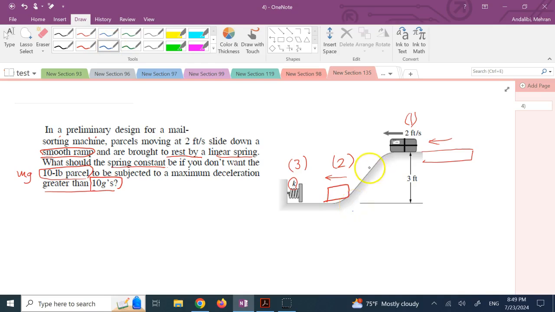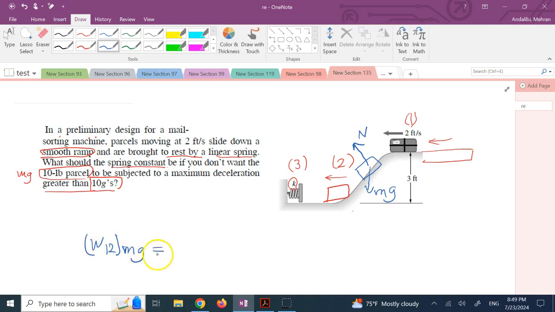Between 1 and 2, if you draw a free body diagram for an arbitrary point, you have mg and you have n. There is no friction in this case. Clearly between 1 and 2, n is normal to the path, so mg is the only one doing work. So w12 is simply w12 of mg.